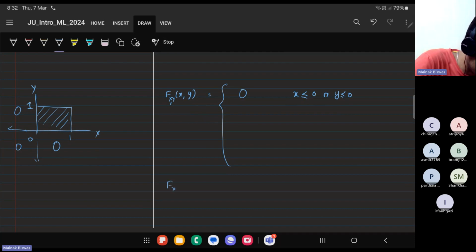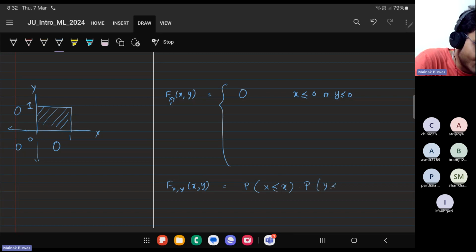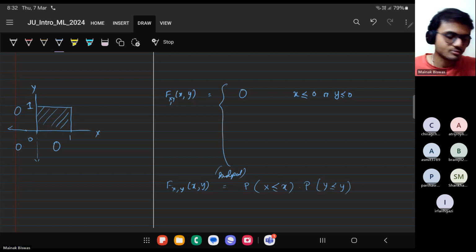So what is F of x comma y? This is the probability that X is less than x and, since they are independent, Y is less than y. Any doubt?